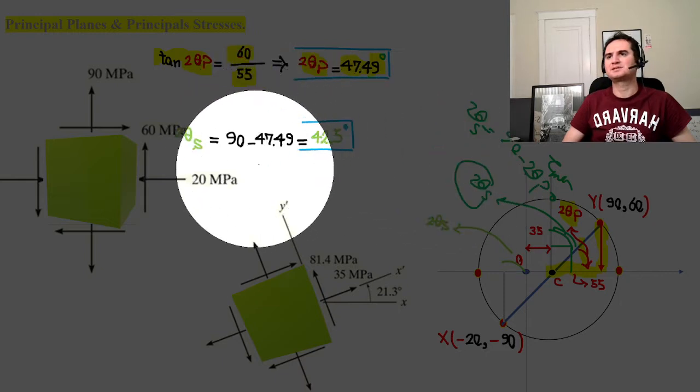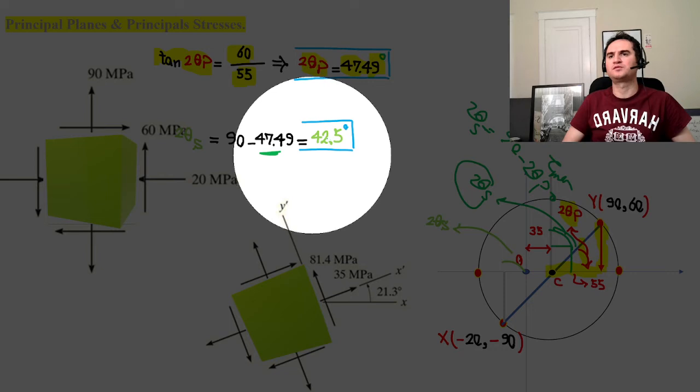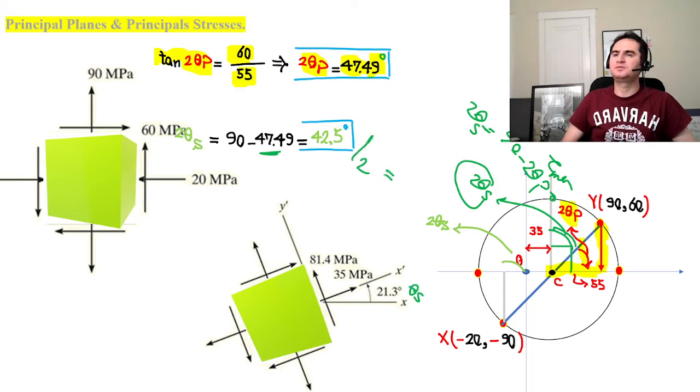If you do the math, 90 minus 2 theta p gives you 42.4 degrees. That's 2 theta s, and theta s is just that divided by 2, which gives you 21.3 degrees.